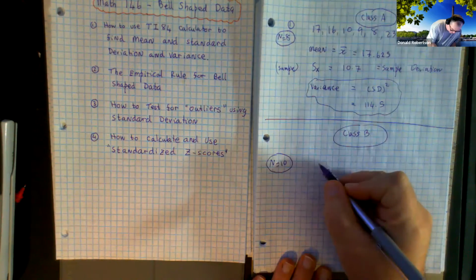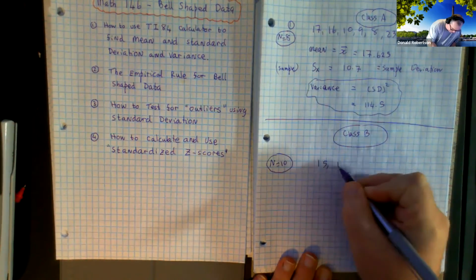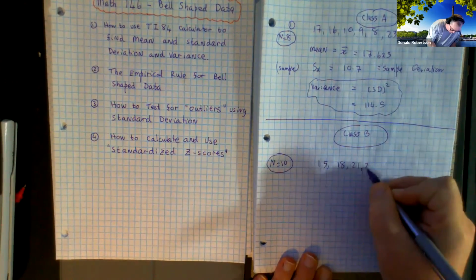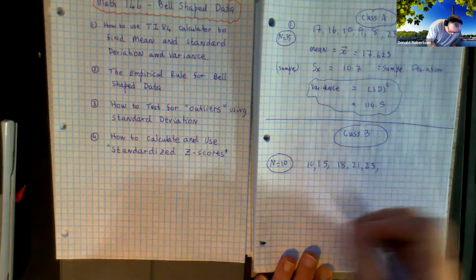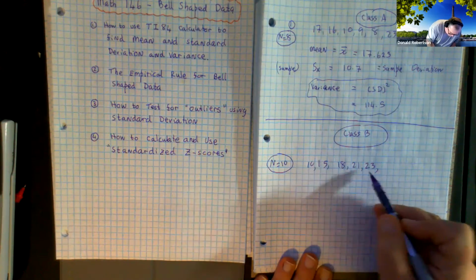And the numbers this time are 10, 15, 18, 21, 23. They don't need to be ordered. The reason I'm putting them in order is for some other reason.